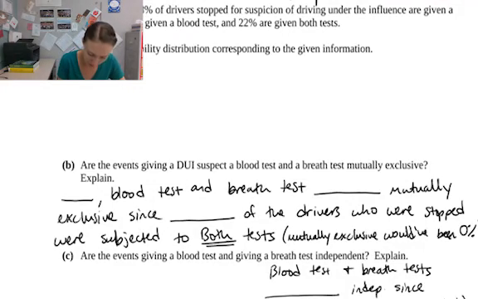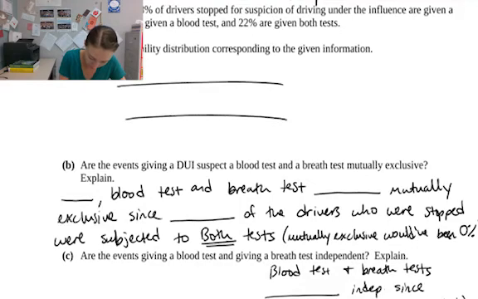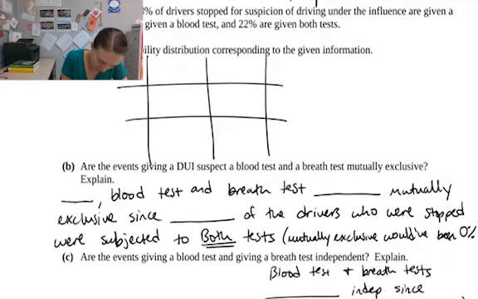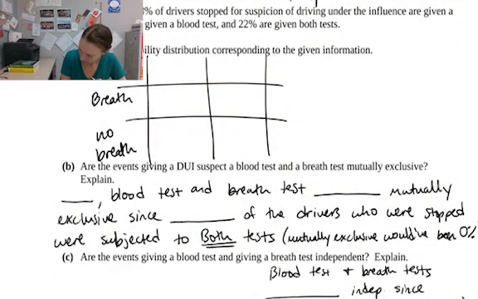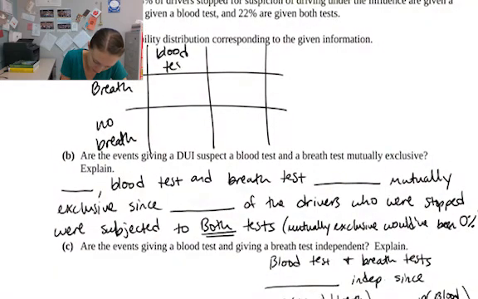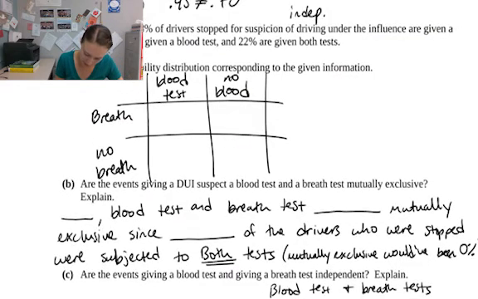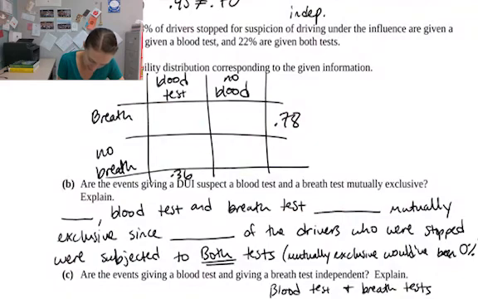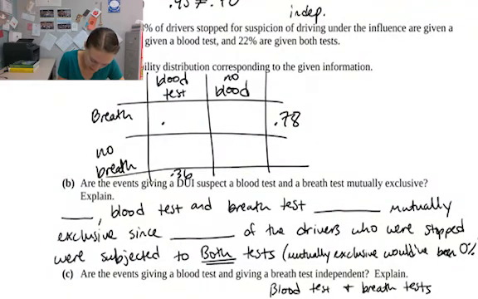So probability distribution, police report that 78% of drivers stopped for suspicion of driving under the influence are given a breath test. So we have breath test, no breath test, and then we have a blood test and no blood test. 78% are given a breath test, 36% are given a blood test, 0.36. 22% are given both tests.